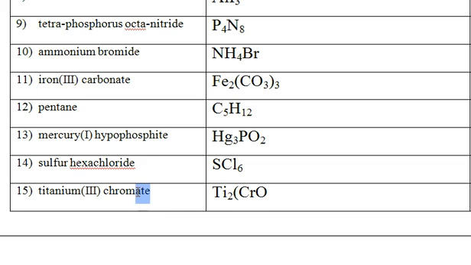And again, it ends in ATE, so that means that we're going to have 4 oxygens here for our chromate. And let's balance this out. Since titanium has a +3 charge and chromate is -2, that means that we need 3 chromates.